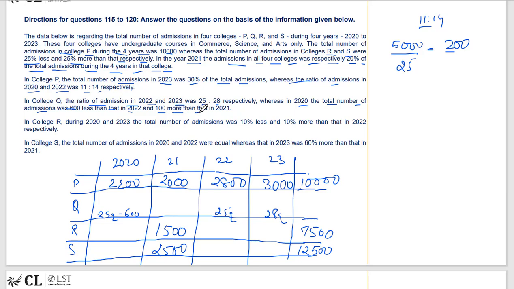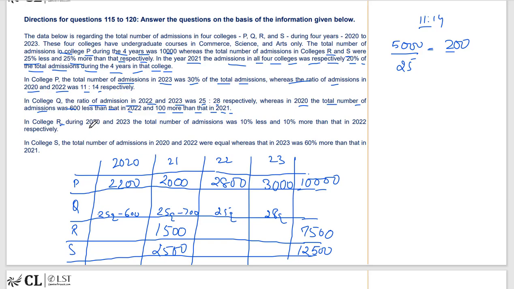And 100 more than that in 2021. So this is 100 more than 2021, so this would be 25Q minus 700. So we don't have the value, but we've got all the values in terms of one common variable. We'll come back to this in a while.